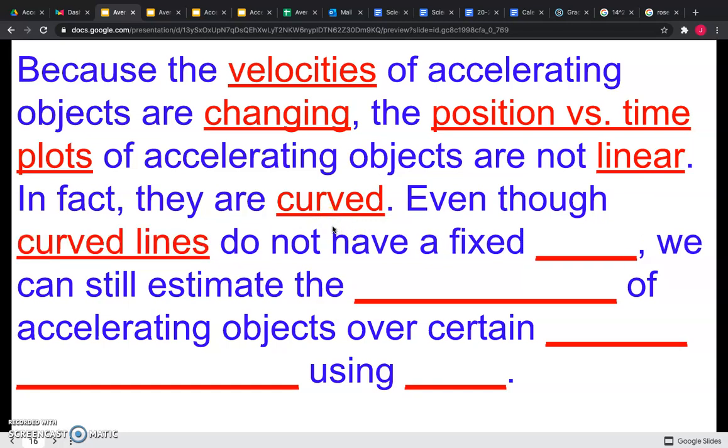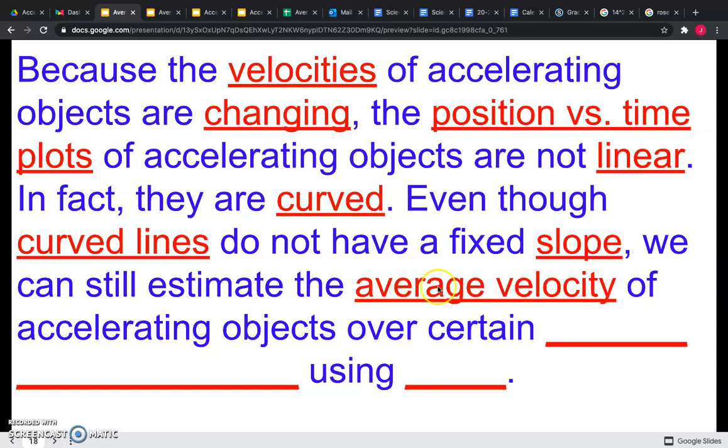And so even though curved lines do not have a fixed slope, we can still estimate the average velocity of accelerating objects. So if you think about this, last unit we were using slope to tell how fast an object was going, right? The value of the slope told you how many meters that object was moving every second.